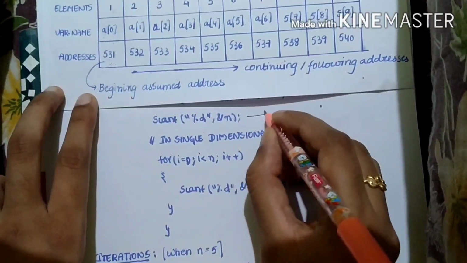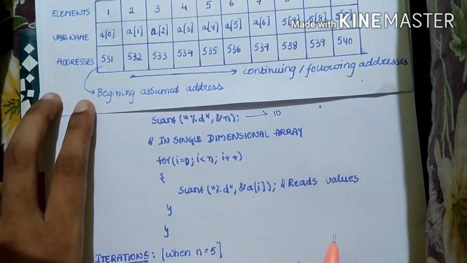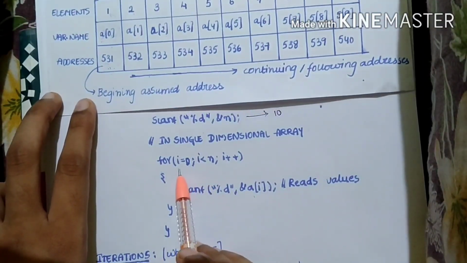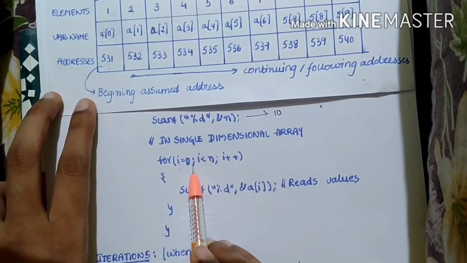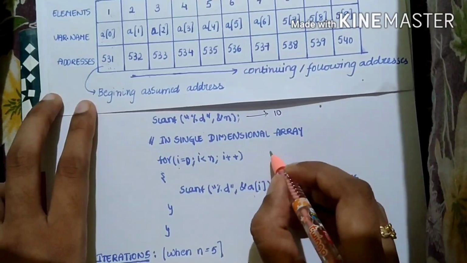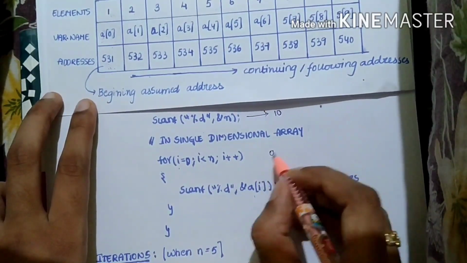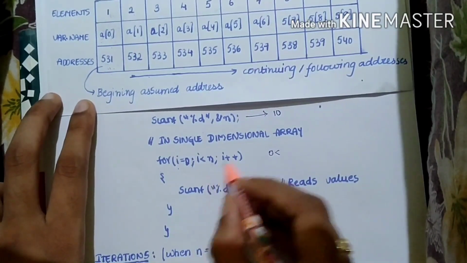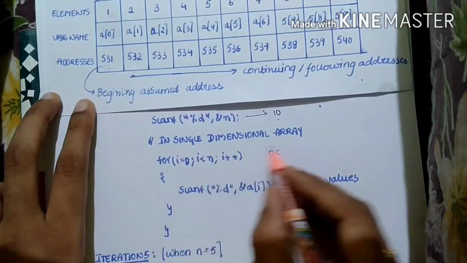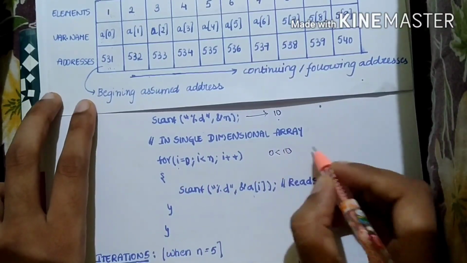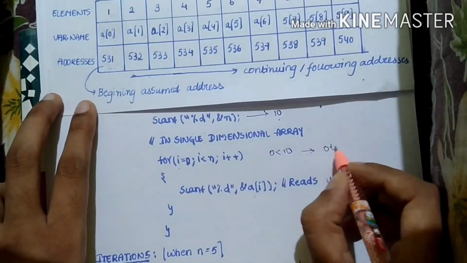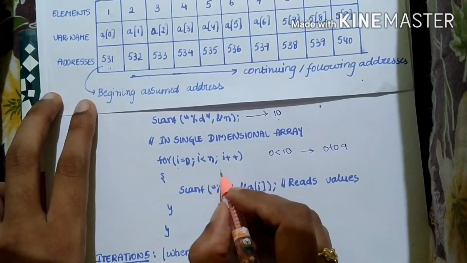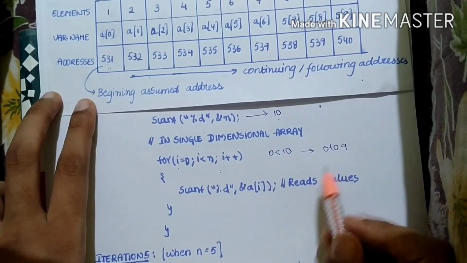Let's assume this value as 10 and i is equal to 0. That means the initial value is 0 and this loop continues till i is less than n. n is 10, so 0 to 9. This loop iterates from 0 to 9.